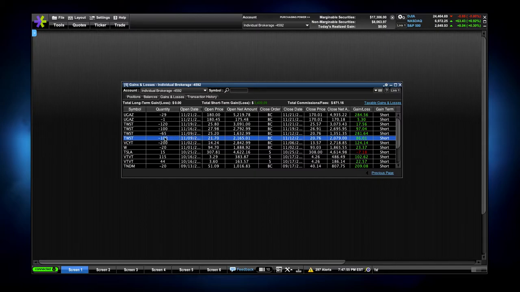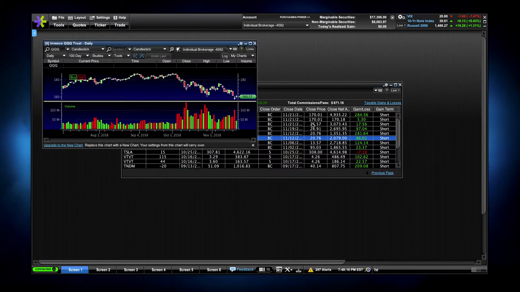It was 165 shares. Oh, sorry, no. Then it went to $25 and I shorted that at $25 and I covered it at $20.76. So let's go and check that trade.